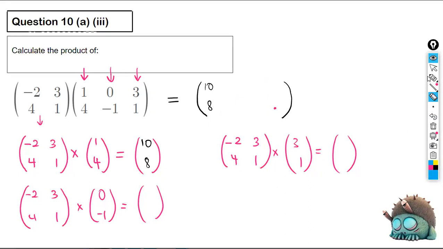The other one is supposed to be minus 3 and minus 1. If I made a mistake, let me know, because it's late in the evening. It's possible to make mistakes.